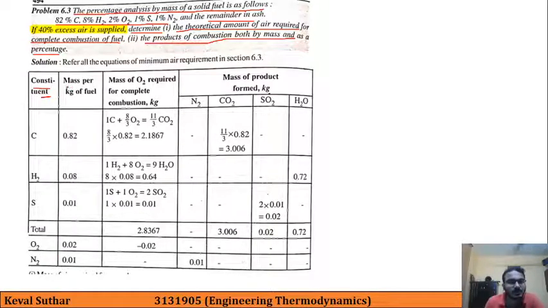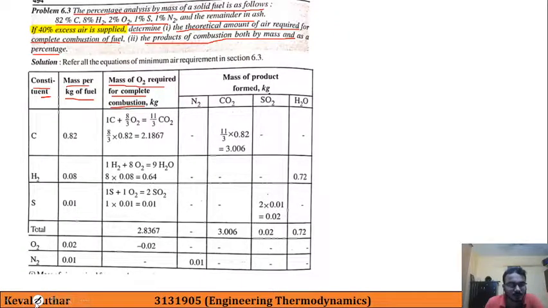We are given mass per kg of fuel, that is 82% means 0.82, and similarly 0.08, 0.01, 0.02 and 0.01. All things are written here, and in the third column it is written, mass of O2 required for complete combustion in kg.